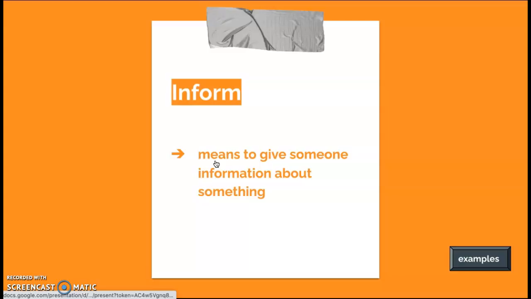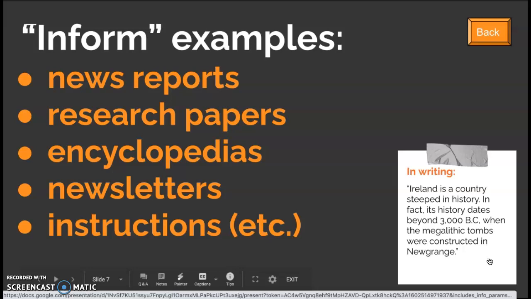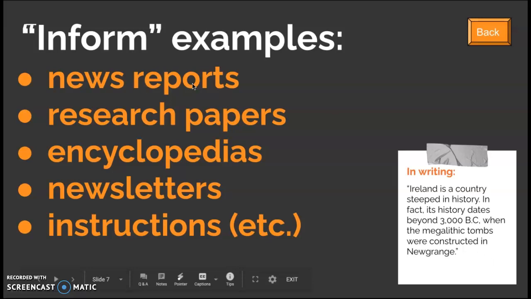So next, let's go on to informative writing. So informative writing means that you're just giving someone information about something. You're not trying to say that one thing is better than another. You are just providing information. So this could include things like news reports, research papers, encyclopedias, newsletters, instructions, etc. And an example is down here.